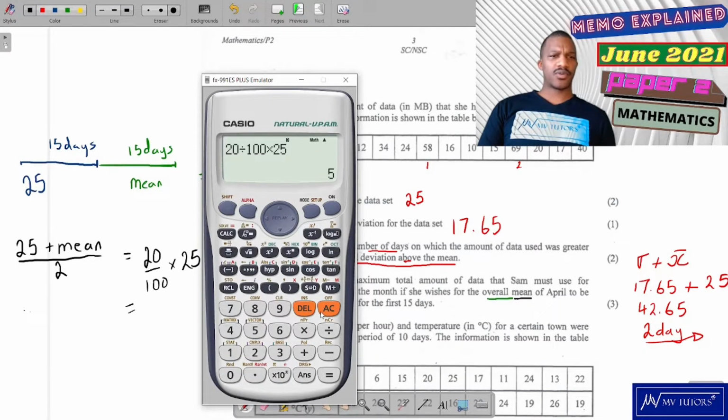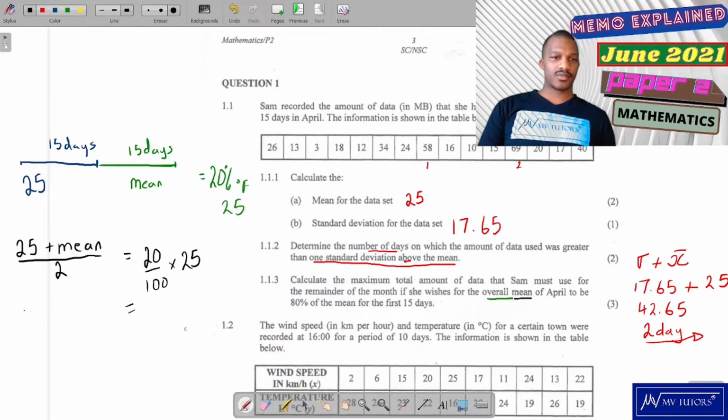Why did I say 20%? I'm making mistakes here. 20% is the one we're supposed to subtract. It's actually supposed to be 80%. So let's put an 8 here. It's 80%. Oh, that's 20. The answer is 20. So like I said, it's not 20%. Let's make that correction. It's 80%, as you can see over there.